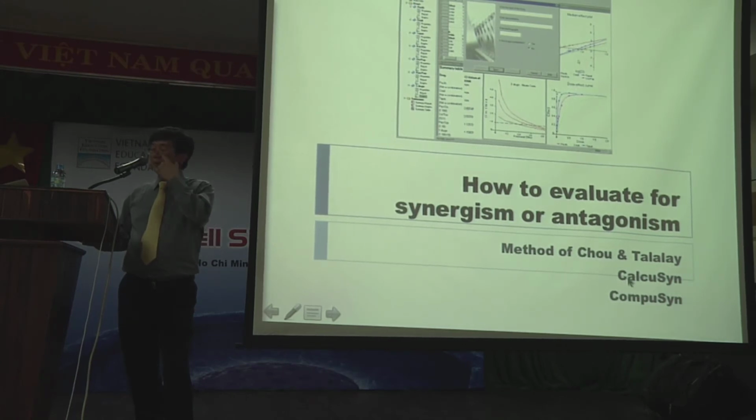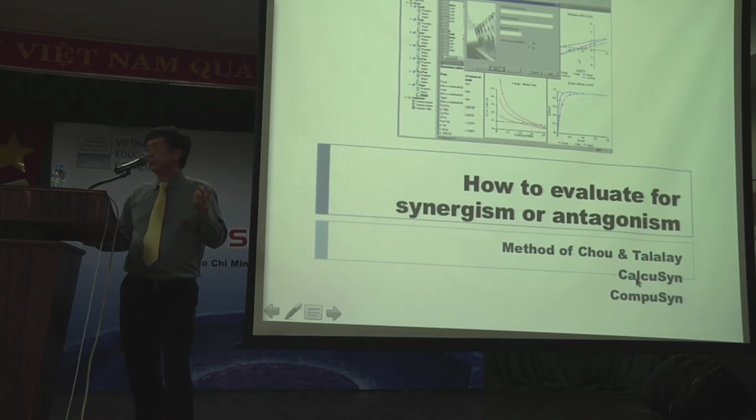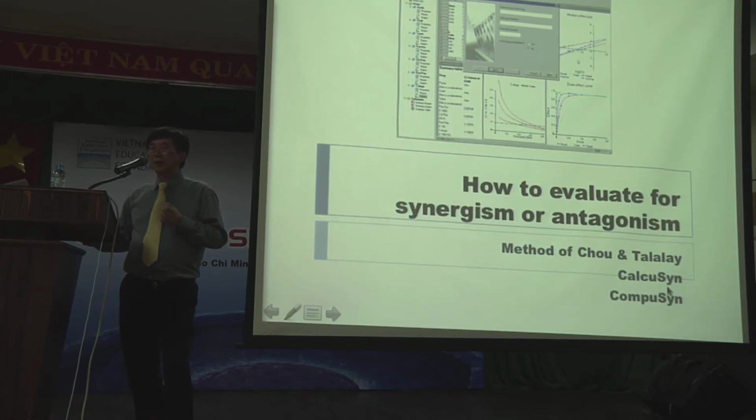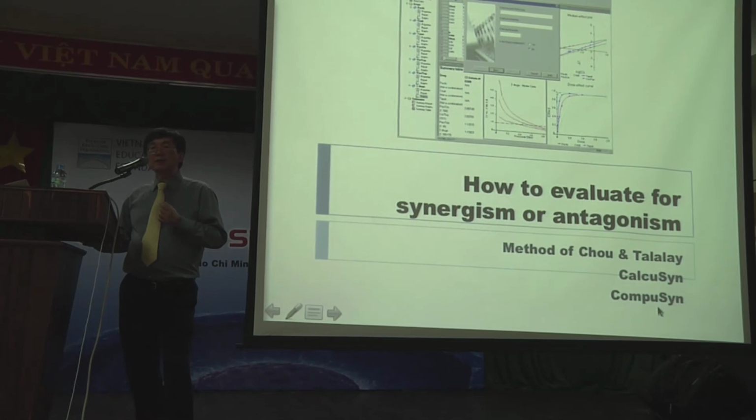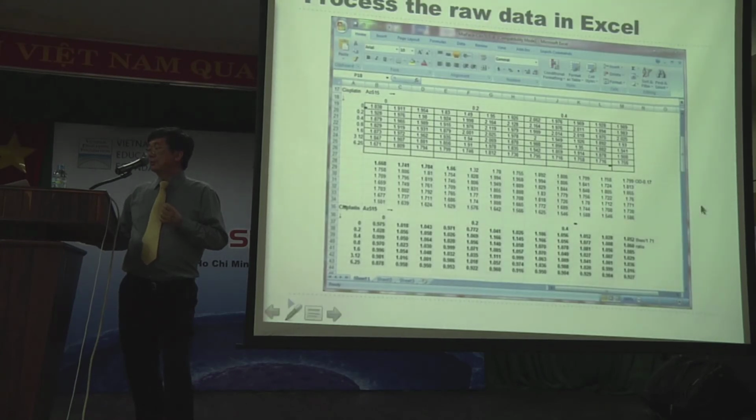And there are two computer programs that I know about. CalcuSyn is a commercial program by BioSoft, and CompuSyn is a free program available on the internet. I'm going to show you some data regarding how to analyze this.